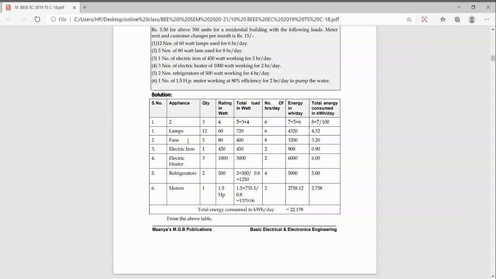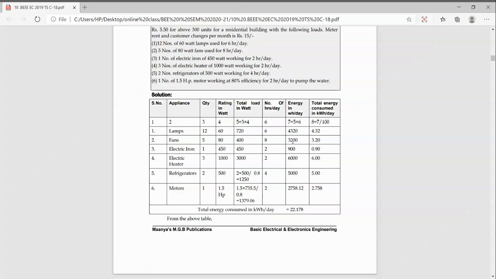The fans: we have 5 fans each of 80 watts, total wattage is 400 watts, which we got from 5 into 80. The number of hours is 8, so 3200 watt hour, which is 3.2 kilowatt hour.